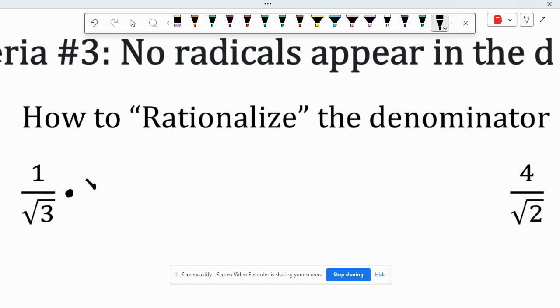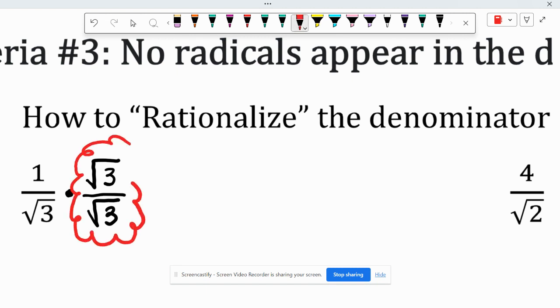So if I multiply both the numerator and the denominator by the square root of 3, what does this fraction right here reduce to? Yeah, this is just a fancy 1. That's all it is. So I'm not changing the value of the fraction.